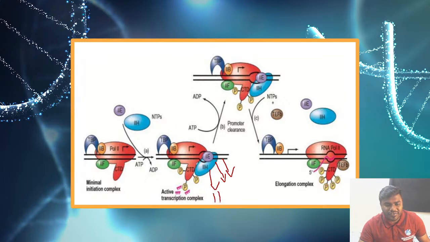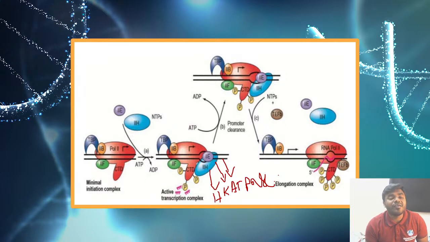I told you it has helicase activity, kinase activity and ATPase activity. So my friends, you all know how many strands of the DNA we require? We require only one strand of the DNA. So that's why we have to separate the strands. Who is going to do that? Transcription factor 2H, because it has helicase activity.